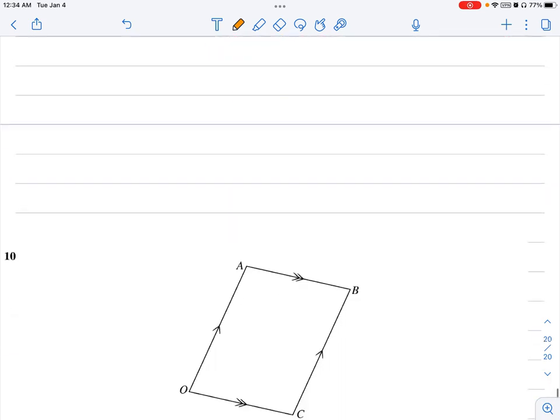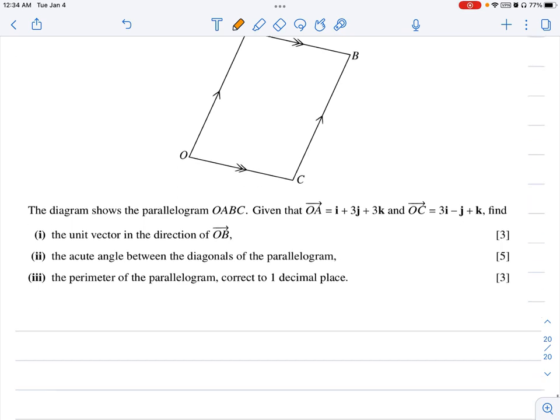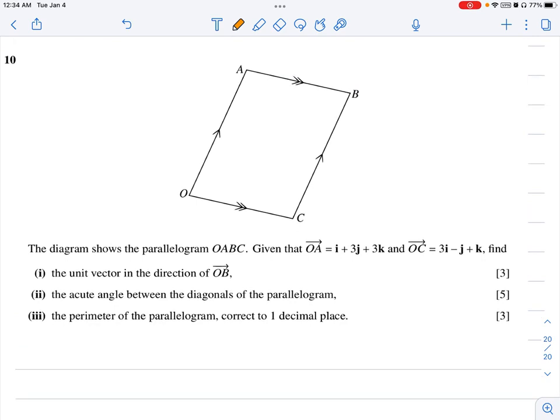Now coming to the last question, the 10th question. The diagram shows a parallelogram OABC. OA is given, OC is given. Find the unit vector in the direction of OB. I want OB. How do I go to OB?